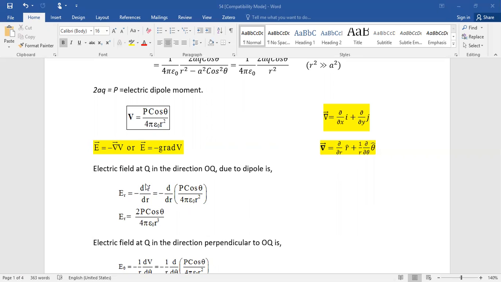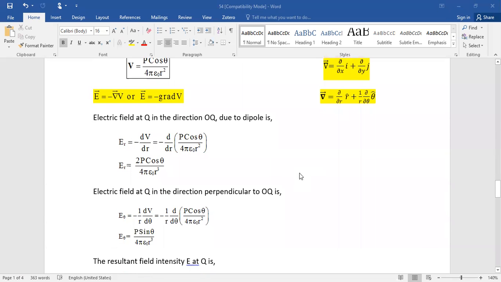Differentiate the potential function with respect to r. After differentiation, you will get 2p cos theta by 4 pi epsilon naught r cube.